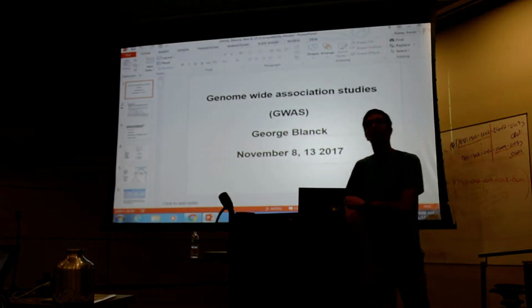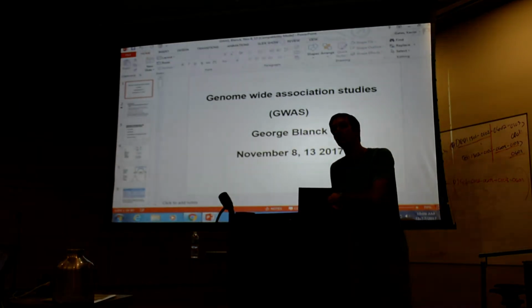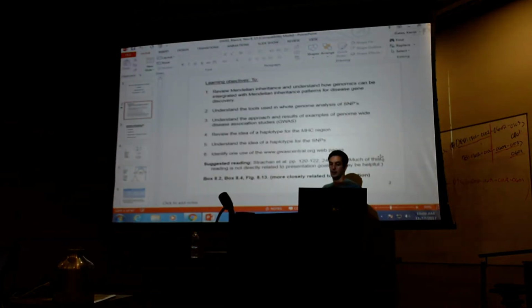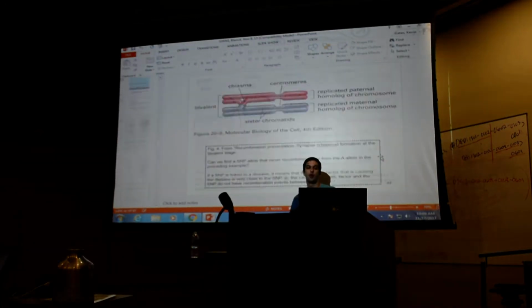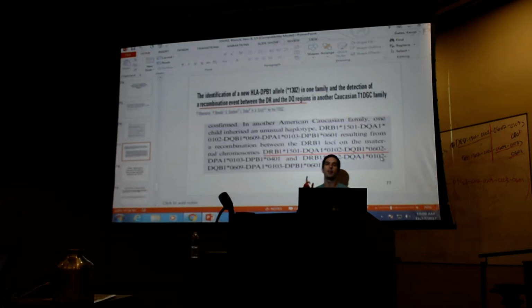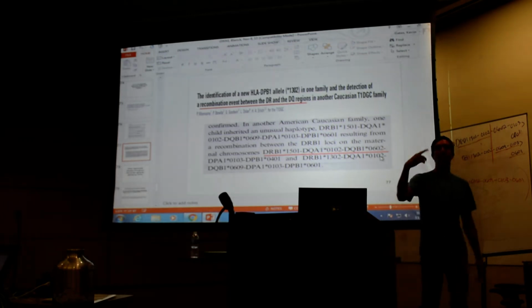Because that paper was talking about type 1 diabetes, did it have any effect on the disease state within the child? Yeah, and this is a good point I forgot to mention. We have good and bad things with haplotype blocks.